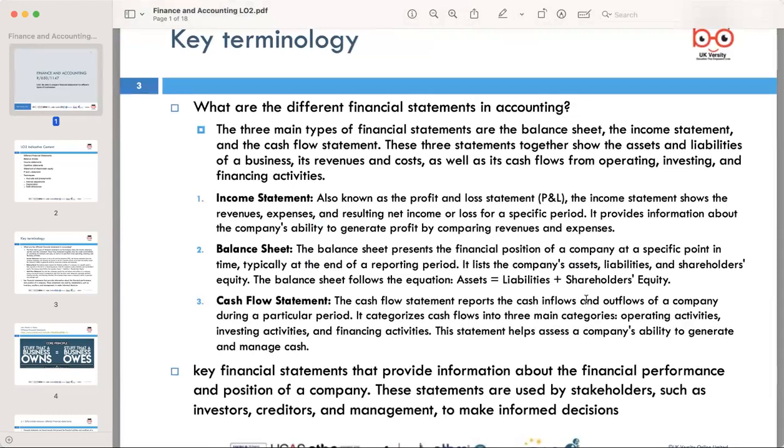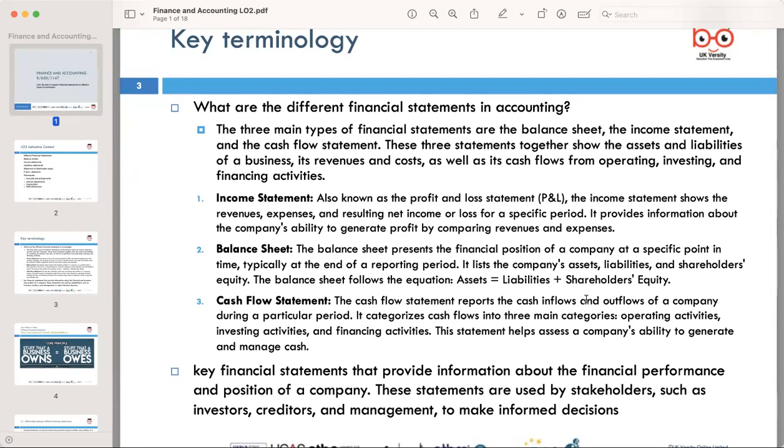There are 3 main financial statements that we will focus on: the income statement, the balance sheet, and the cash flow statement. Financial statements are vital tools for evaluating a company's financial health. The income statement shows revenue and expenses over a specific period, which is also known as the profit and loss account or statement.